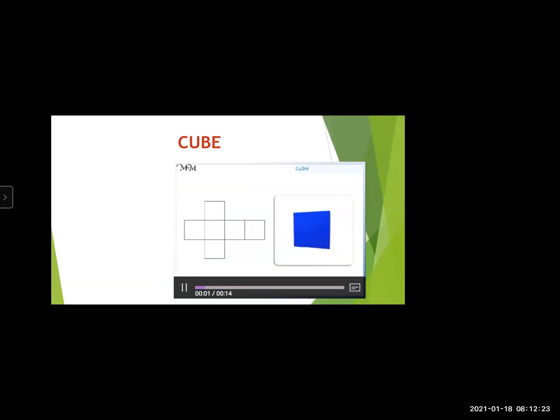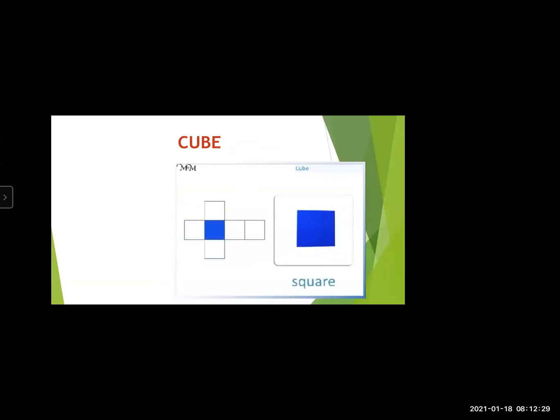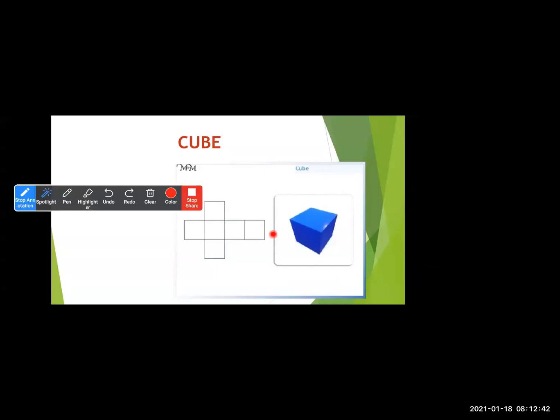See here. Once again, we will see how many faces it has and what is the shape of the faces. They are squares. See, second, third, good. So here, once again, I will show you. 1, 2, 3, 4, 5, 6.